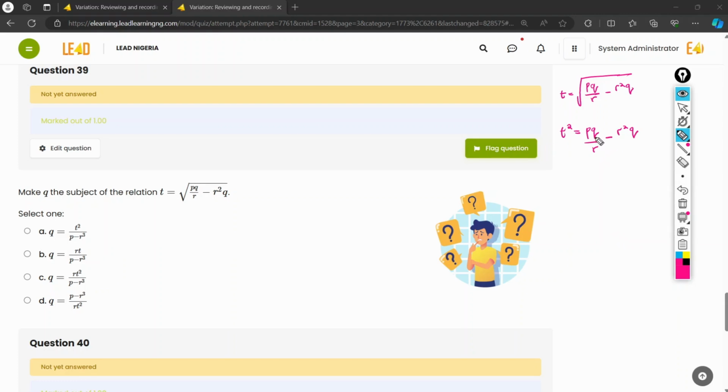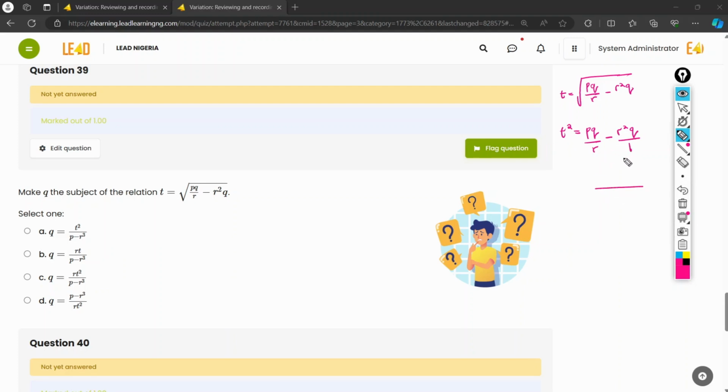Noticing that we have Q in both positions, it's likely that we'll have to factor out Q at some point. So the next thing is, let's make the right-hand side a single fraction. I'll make this over 1, and then draw out a new denominator.